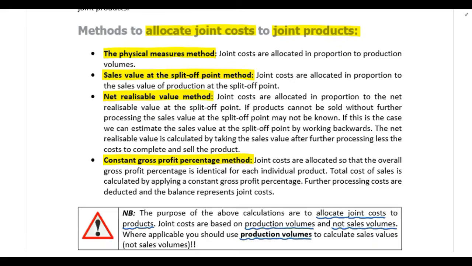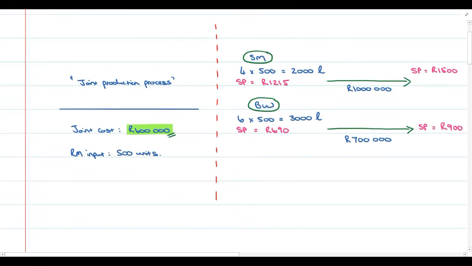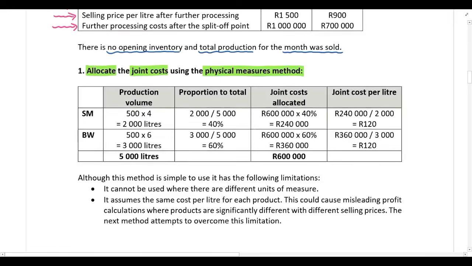Now, if you go back to your lecture notes, if we are using the physical measures method, that means that joint costs are allocated in proportion to production volumes. All right. So we have already calculated our production volumes. There's our production volumes over there. So this is a very simple calculation, guys. You start with your production volume.